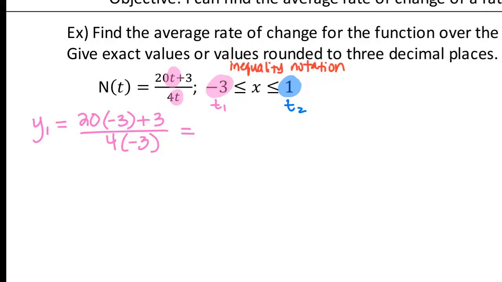20 times negative 3 would give you negative 60, plus 3 would give you negative 57, I believe. Can you guys verify? Yeah? Okay. And then 4 times negative 3 gives you negative 12. So then put that in a calculator. Negative 57 divided by negative 12.